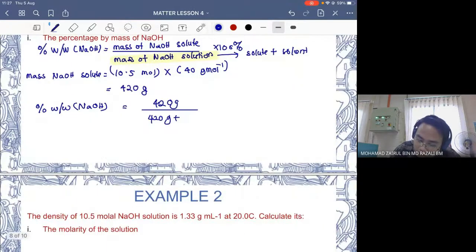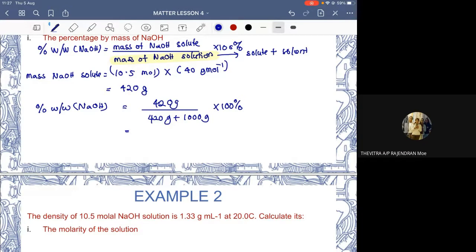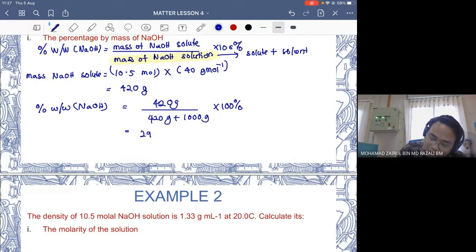So, 1000 gram. So, multiply by 100. So, the percentage by mass of NaOH is berapa? 29.58%. Okay, correct. So 29.58%. So this is your final answer.